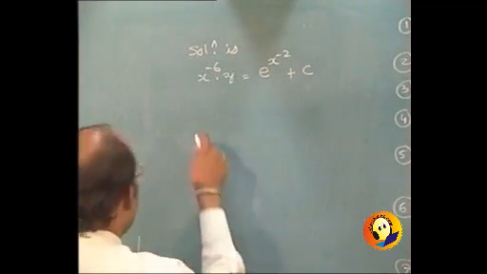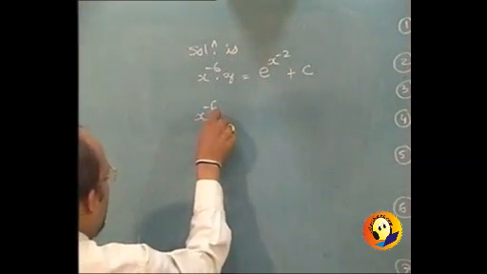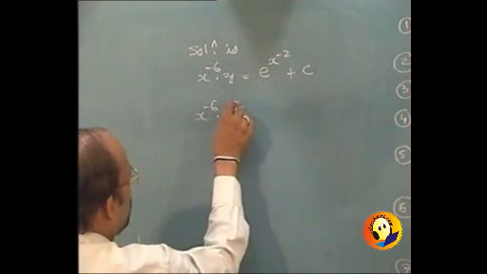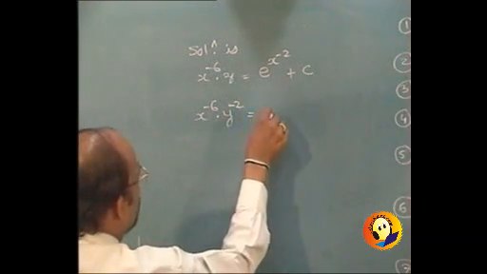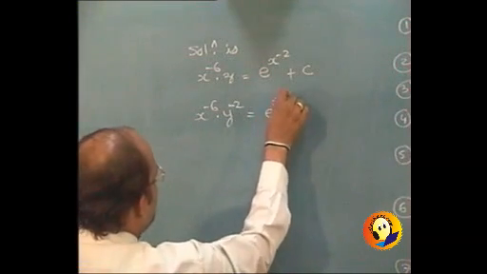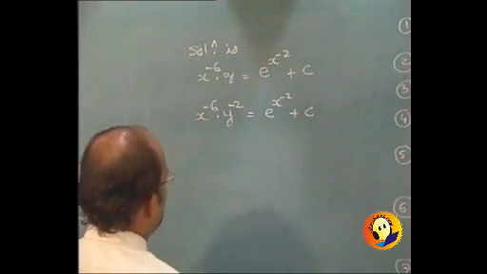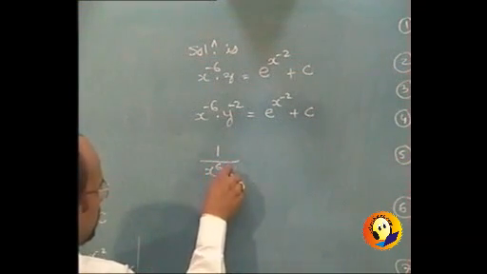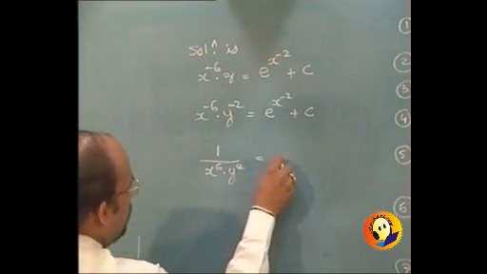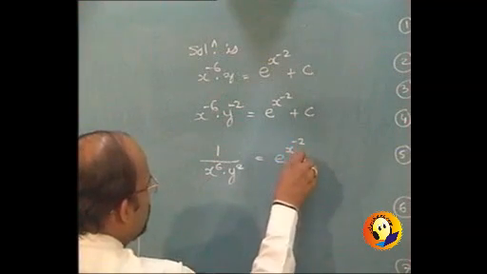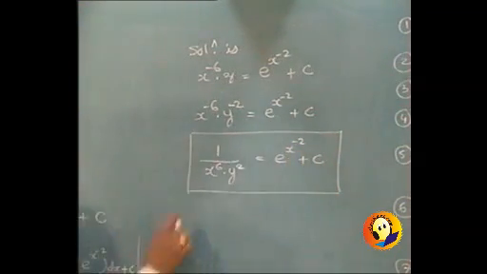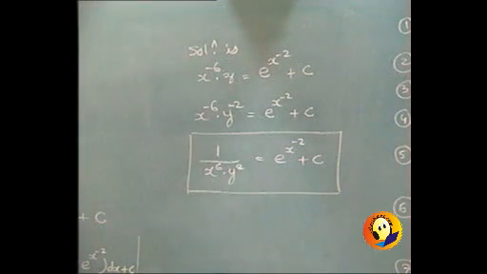If you look back, it is going to be y raised to minus 2, which we have substituted, so it can be written as 1 upon x raised to 6 into y square equal to e raised to x raised to minus 2 plus constant, as the solution for problem number 1.